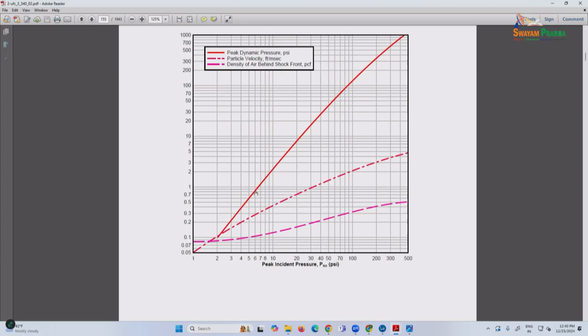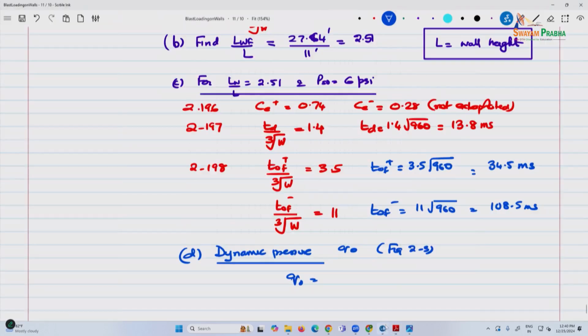So 6 right here, and we get this to be about 1.7 plus 0.7. It's divided into 3 parts. So roughly, let's say 0.75 maybe. So this is 0.75 psi.